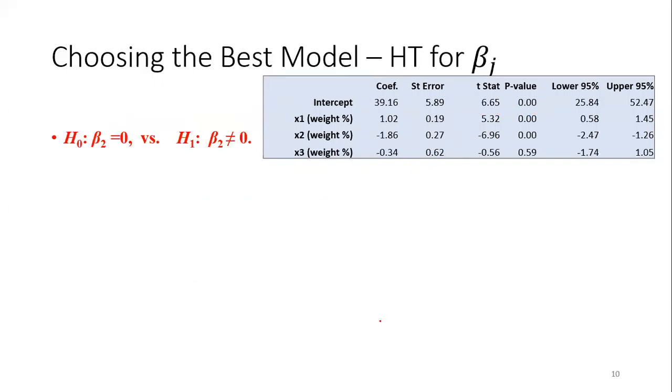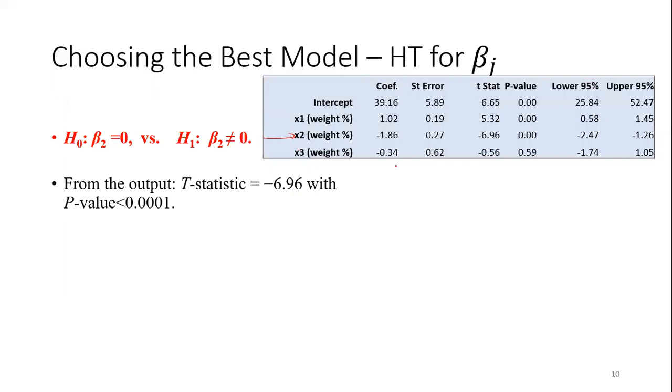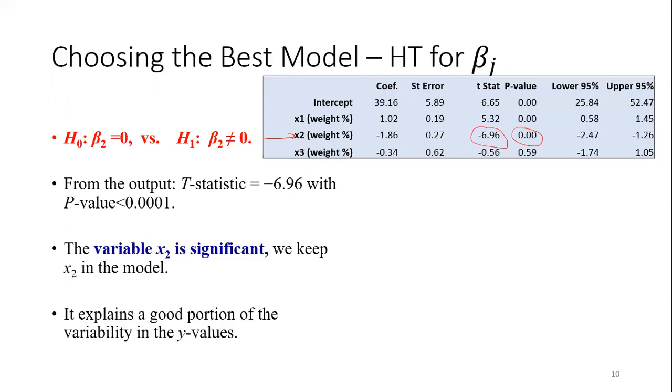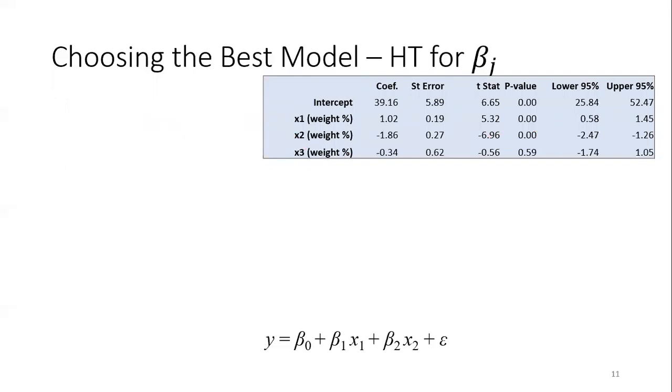The next one is whether beta 2 is equal to 0 or not. This is your T observed, and this is your p-value. Again, keep x2 in the model. The last one tests whether beta 3 is equal to 0 or not.